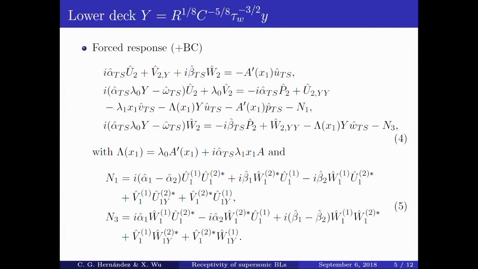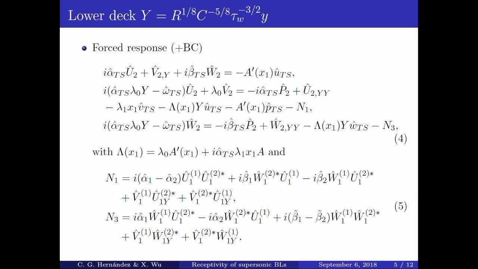What you have to know is that we are considering standard triple deck theory. That is, we decompose the flow field into three different decks sitting on top of each other: a main one for the main part of the boundary layer, on top of that the upper deck, and then a lower deck as well.